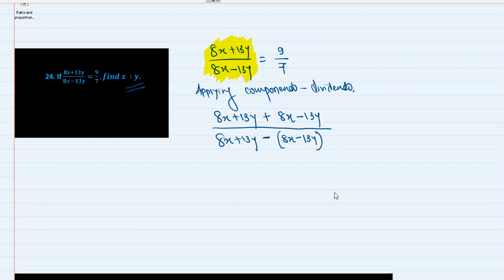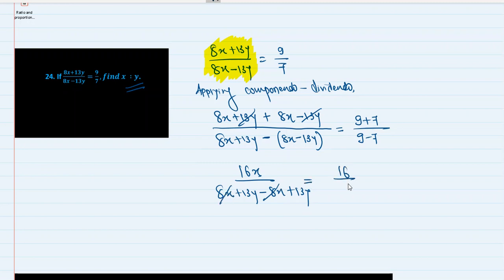A plus b upon a minus b is equal to (9 plus 7) upon (9 minus 7). So if you apply componendo dividendo to the left hand side, you also have to apply it to the right hand side. Okay, so here 13y gets cut from both the sides. 8x minus 8x gets cut from both the sides. Wait, I have to open the bracket and then cut. So just wait. So this will become 16x upon 13y. Let 13y be cut. This will become 8x plus 13y minus 8x plus 13y. So minus 8x will cut, is equal to 9 plus 7, 16 by 2.